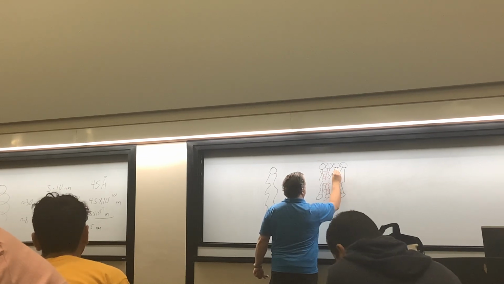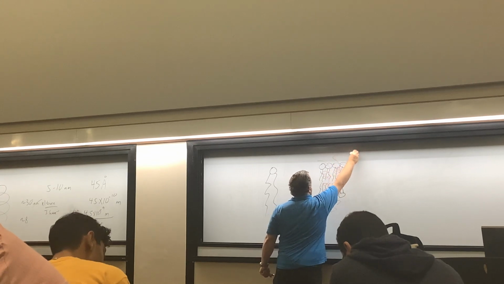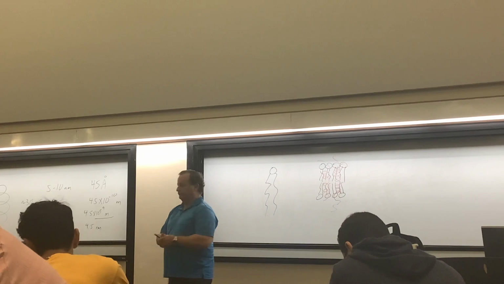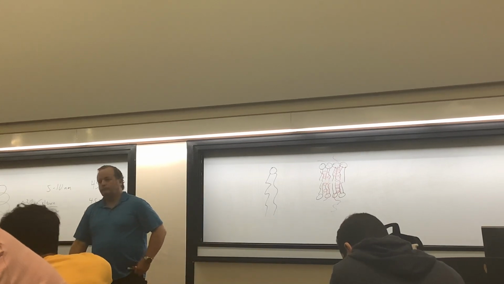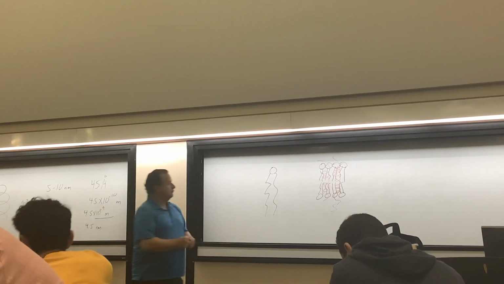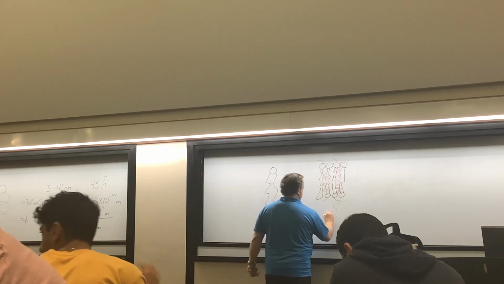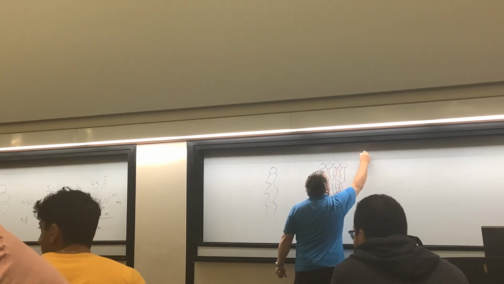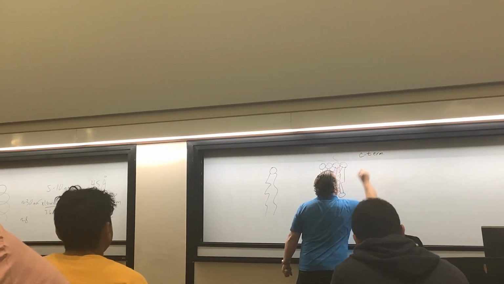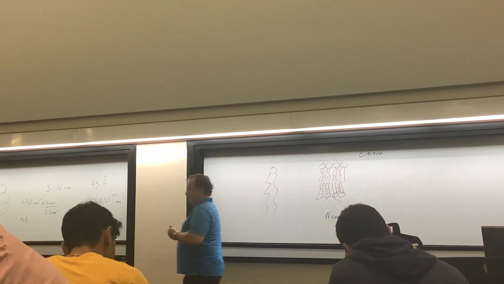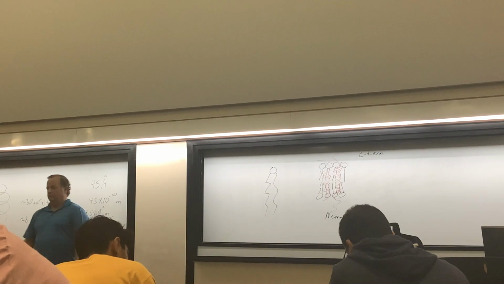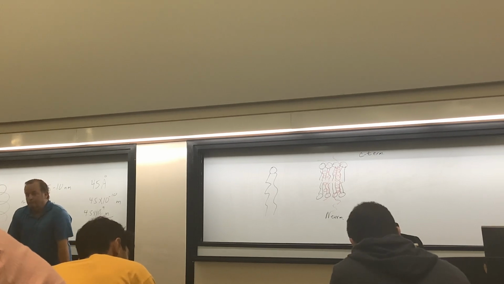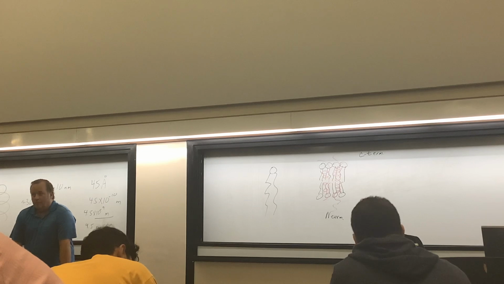If I'm looking at the primary sequence, I should see about a 30 amino acid length sequence of non-polar amino acids, basically. Where? I don't see that.